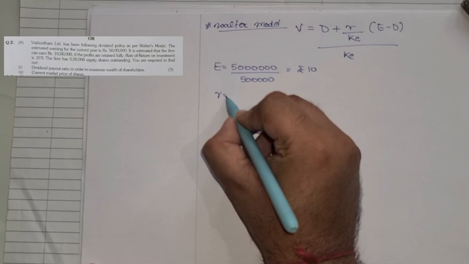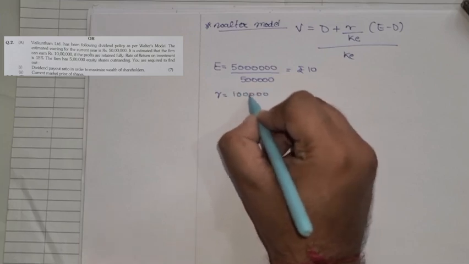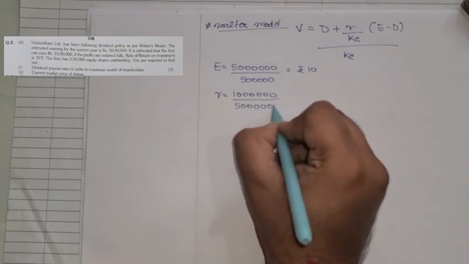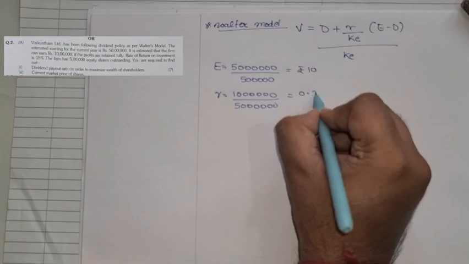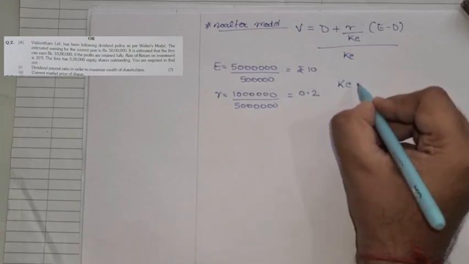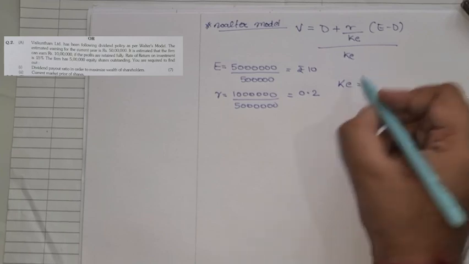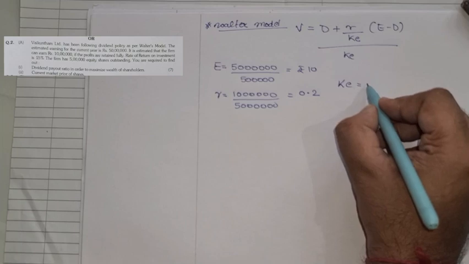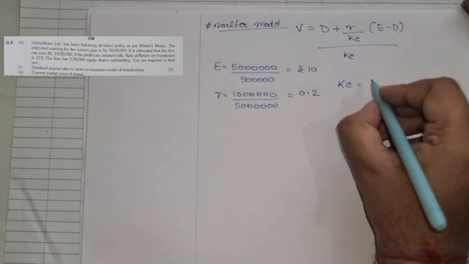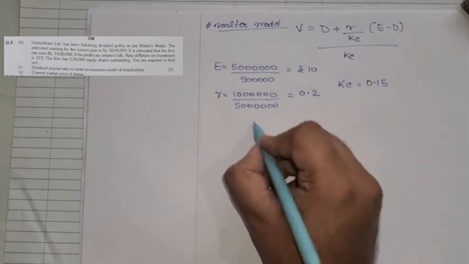The rate of return is total earnings, which was 10 lakhs, upon total capital, which is 50 lakhs, which comes to 0.2, and KE, that is cost of capital, is given that the rate of return on investment is nothing but your capital, which is 15%, so 0.15. Now, this is very important.